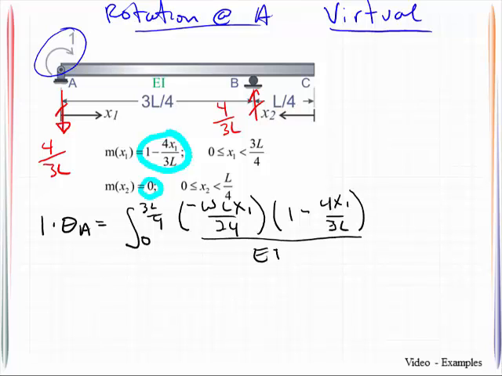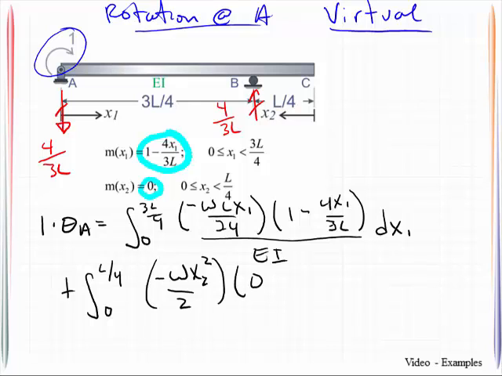That's all divided by EI, integrated with respect to x1, plus 0 to L over 4. This is segment BC that we're looking at now. Big M times little m over EI integrated with respect to x2.